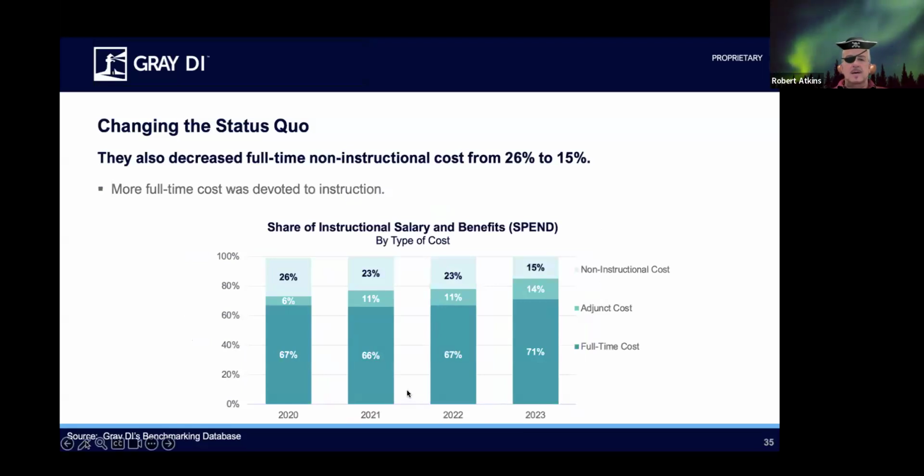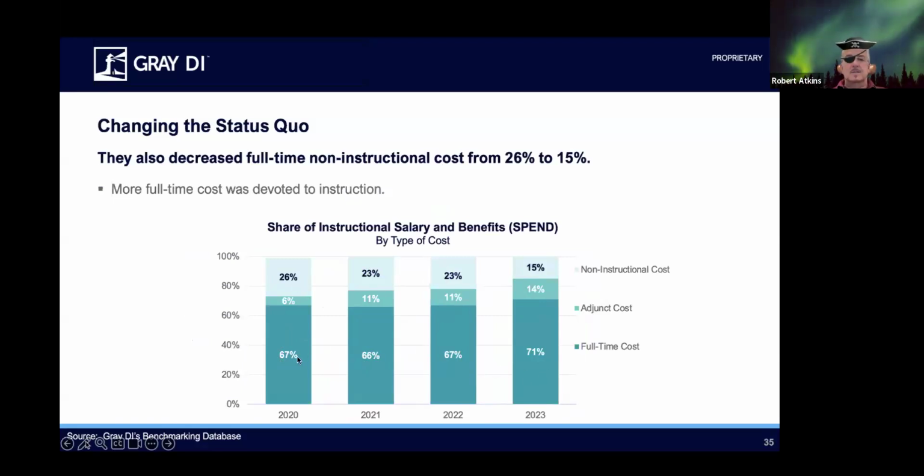So if you look at this graph, the bottom is full-time cost. That is the cost of full-time faculty. The middle green is adjunct cost. And the top is non-instructional expenses of faculty. So what we see they were able to do is get faculty, especially full-time faculty, back in the classroom.